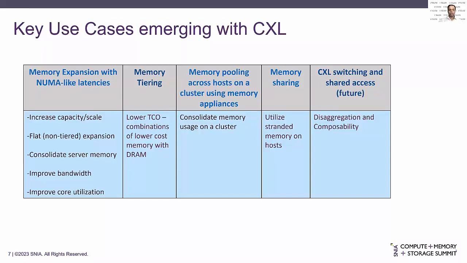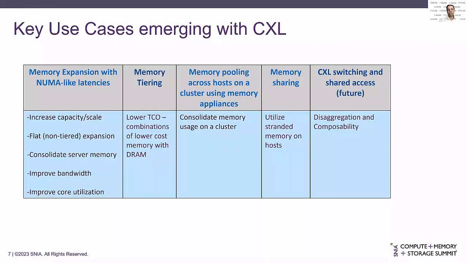Now, newer applications can use and take advantage of the extra bandwidth provided by CXL. There is also improvement in the core utilization. There's always a thinking that there is a core to memory imbalance. So CXL can help bridge that imbalance and ensure that cores are fully utilized.